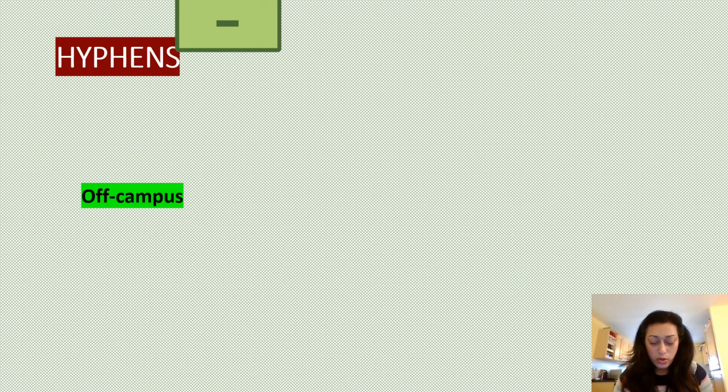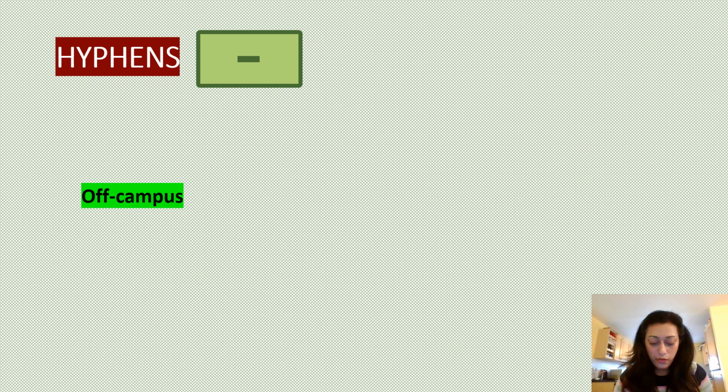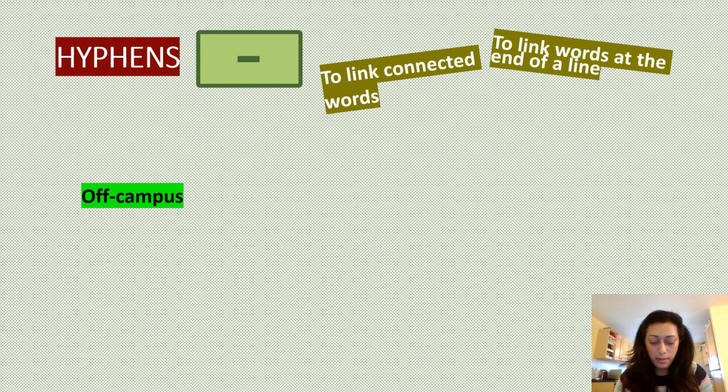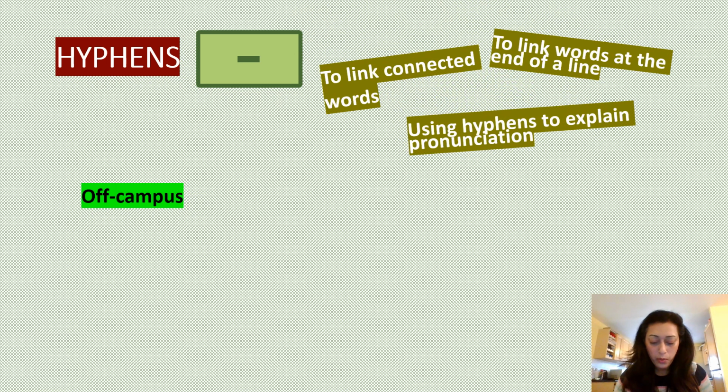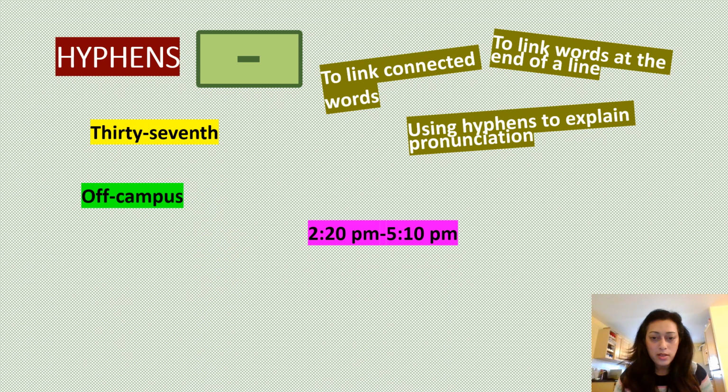All right, moving on to hyphens. A hyphen, not to be confused with a longer dash, is used to link words or break words into smaller parts. For example, to link connected words, to link words at the end of the line, or using hyphens to explain the pronunciation.